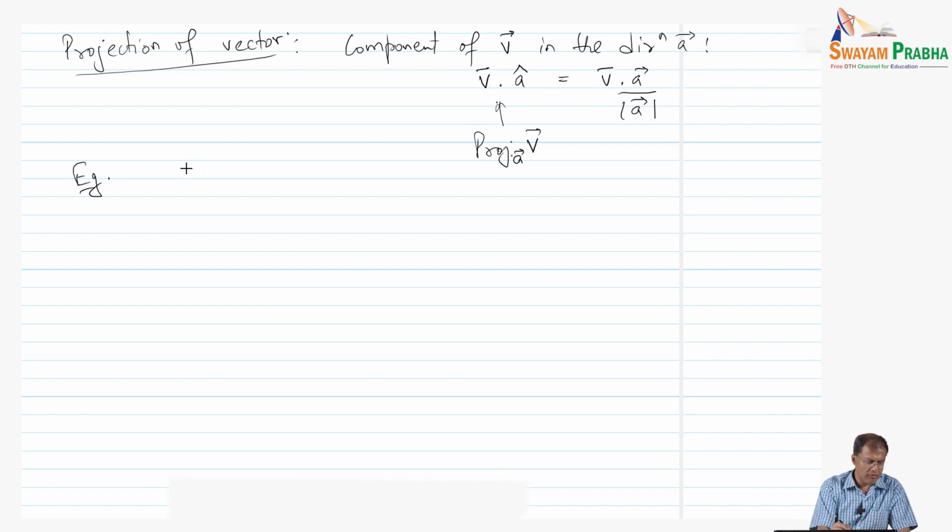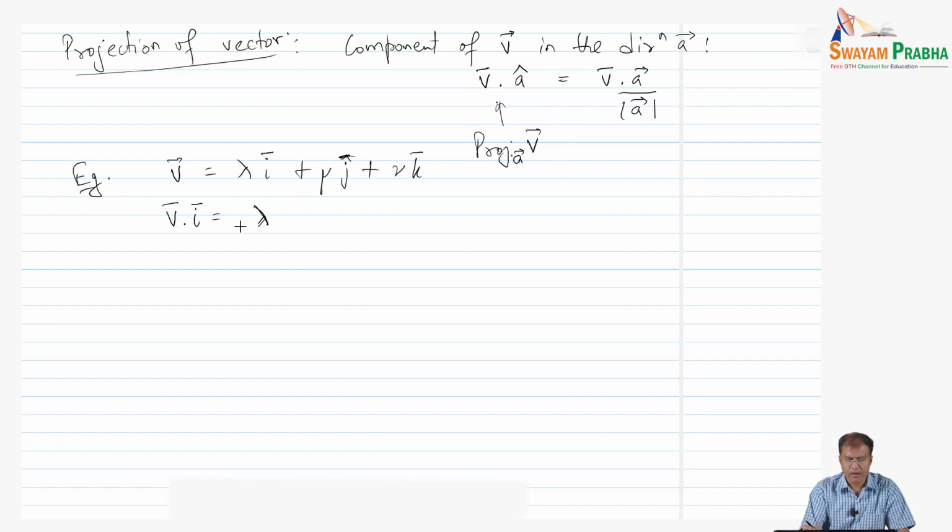Suppose our vector v is given by lambda i plus mu j plus nu k, right? So we see that v dot i is lambda.